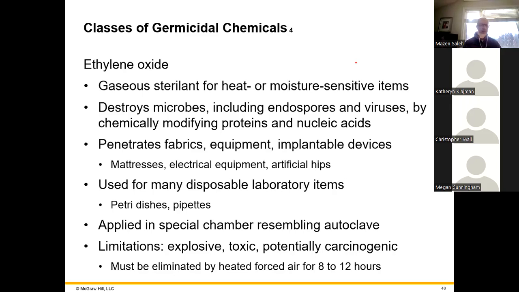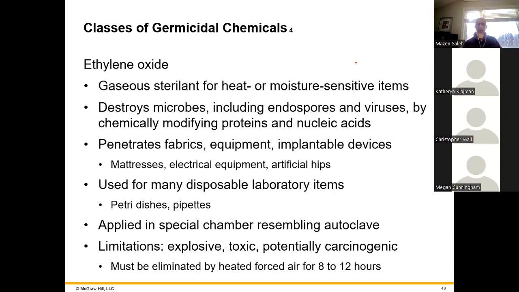Its limitations, minor limitations, include being explosive. However, for the end user at the concentrations that we use in the labs, explosion risk is low.